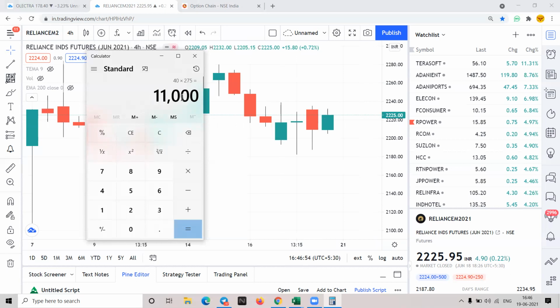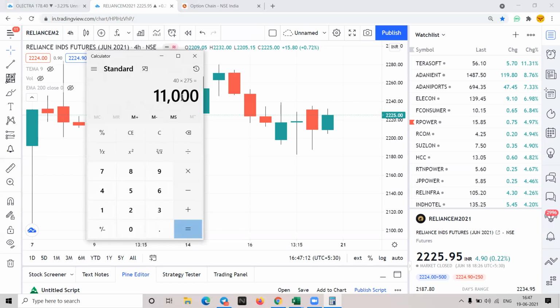How much is this of 30,000? Around 35%. Around 33 to 35%. So just on a small investment, if Reliance goes up, you'll get this much return.